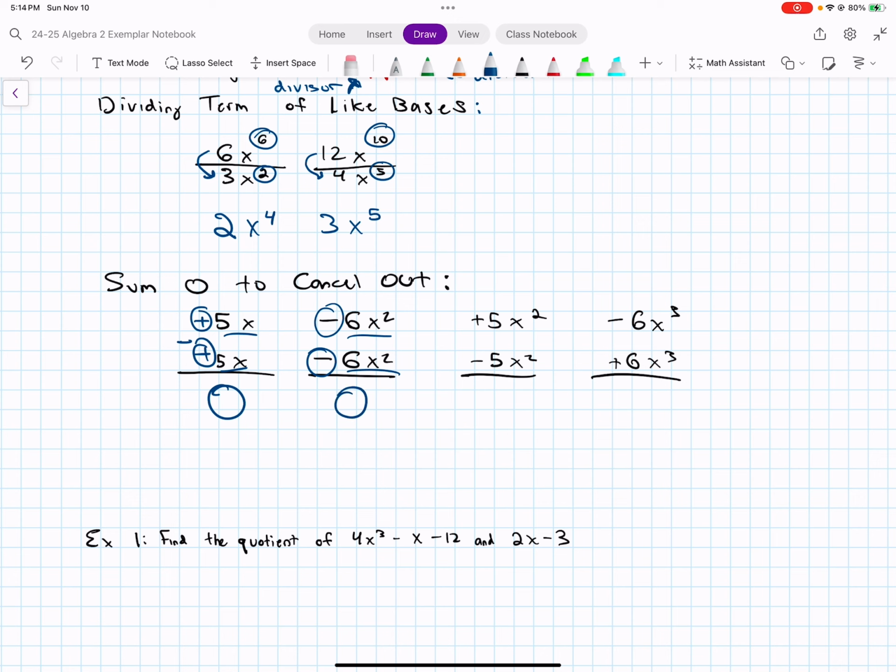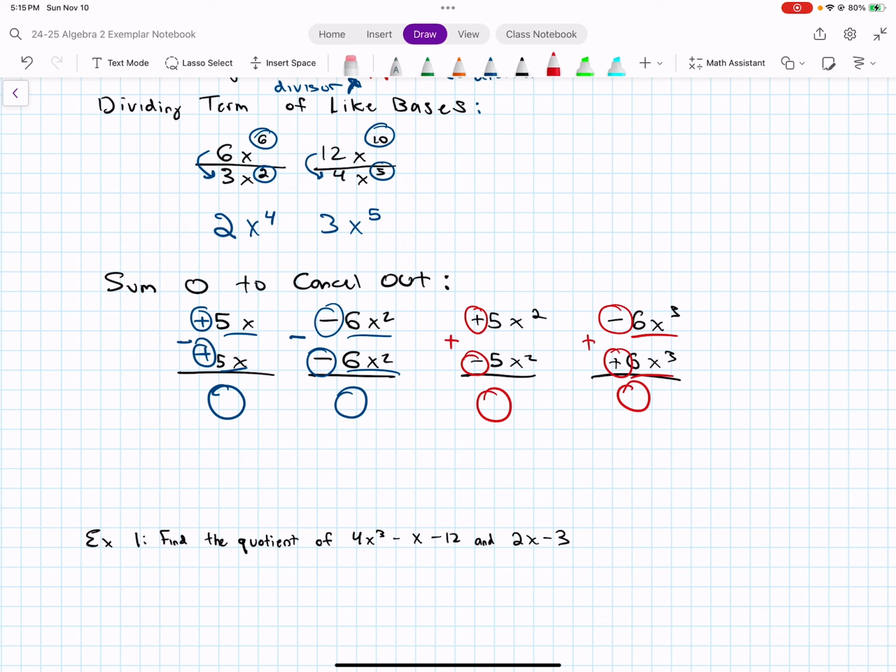So for it to equal 0, we must subtract. When it comes to 5x squared and negative 5x squared, although they have the same terms, they have opposite signs. And so for that to equal 0, we must add. Similarly, negative 6x squared and positive 6x squared, opposite signs, must be added in order to result in 0.